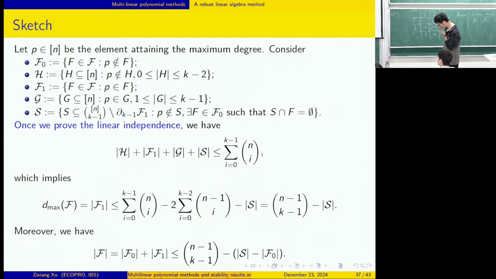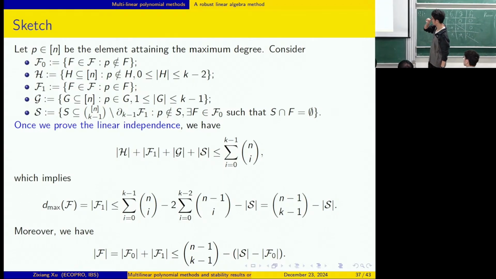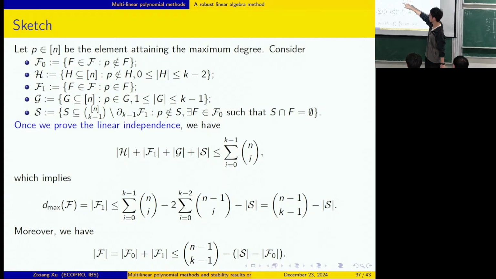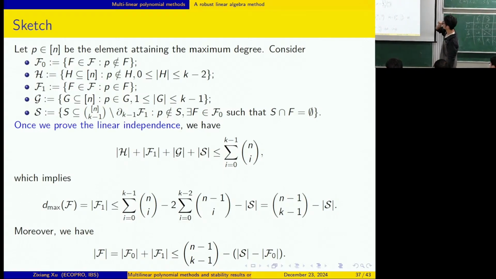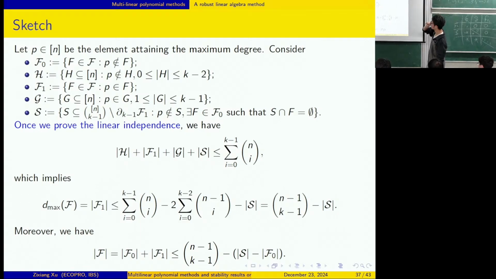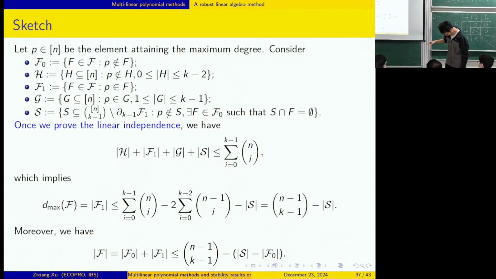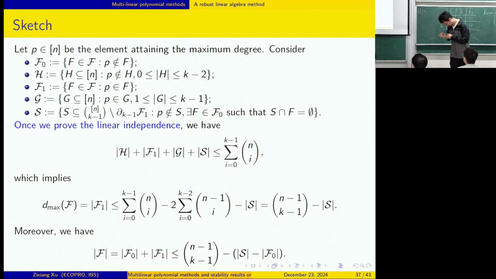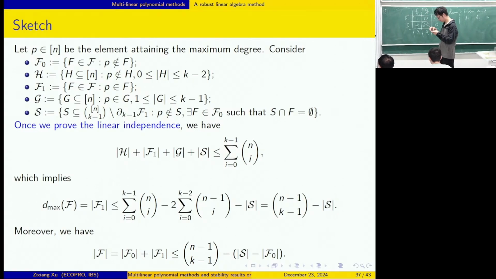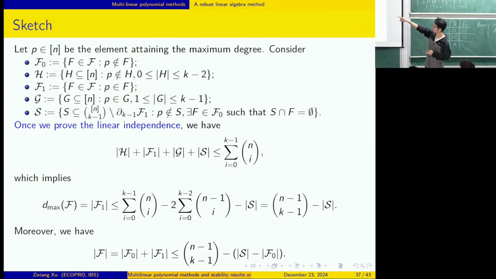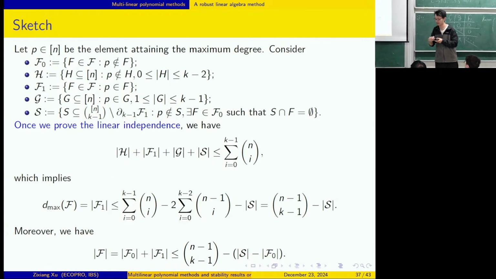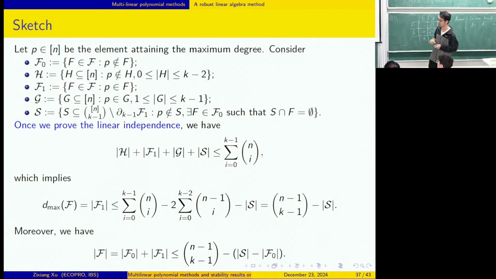At the very beginning, I came up with how to use the multilinear polynomial. I can insert this subset of non-shadow. But for a long time, I did not know how to combine the information, I mean, how to mix the information of these 5 families to obtain the correct statement of the stability result.